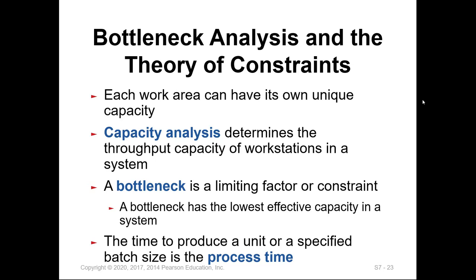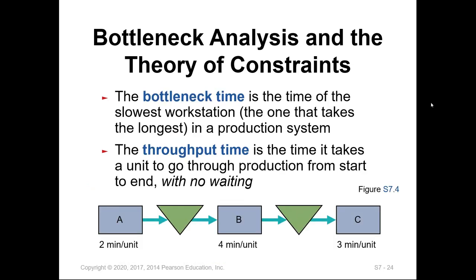We can identify the time to process an item through each station. The total time to produce one unit is called the process time, from station number one all the way to the last station.